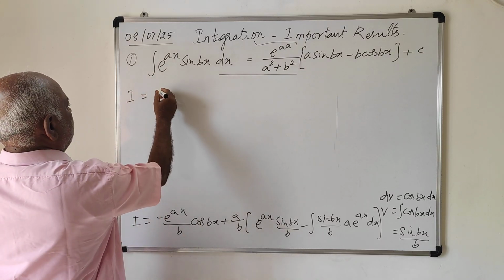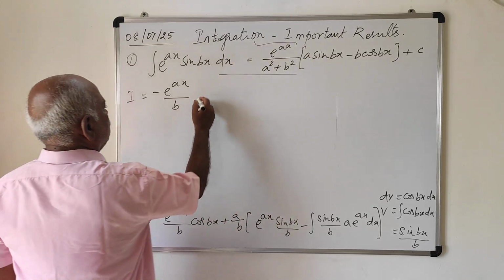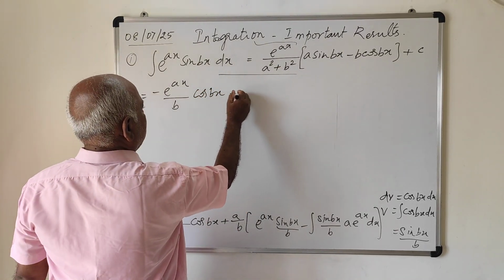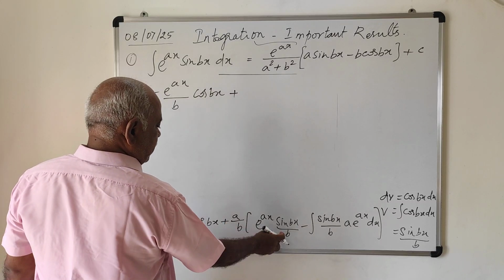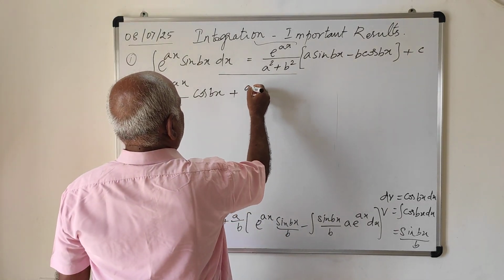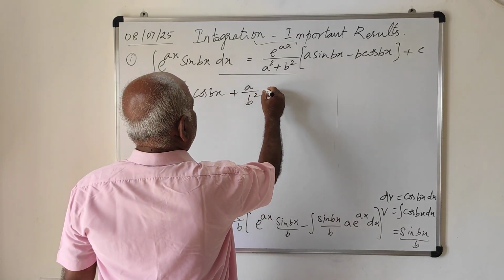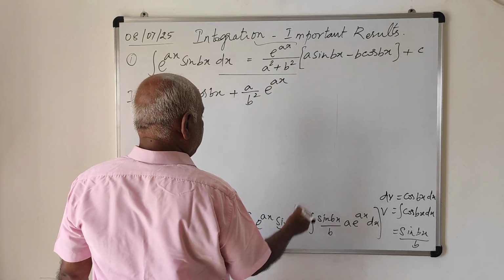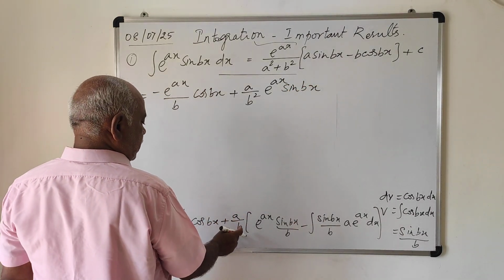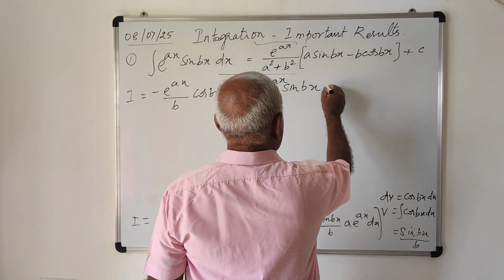This is minus e power ax by b into cos bx plus a by b. If you take this denominator b outside, you will get a by b square into e power ax sin bx, again plus into minus minus.